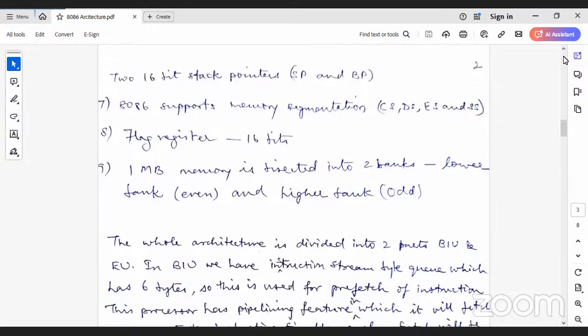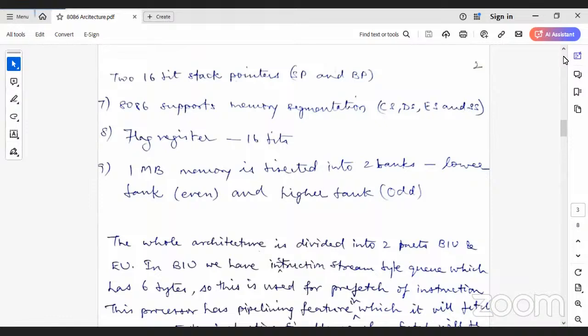Now, one more feature in this 8086 is that 1 megabyte memory is bisected into two banks. Lower bank consists of even addresses and higher bank consists of odd addresses. How it will work, I will show you later. But for now, simply remember that the total 1 MB memory is divided into 512 kilobytes and 512 kilobytes.